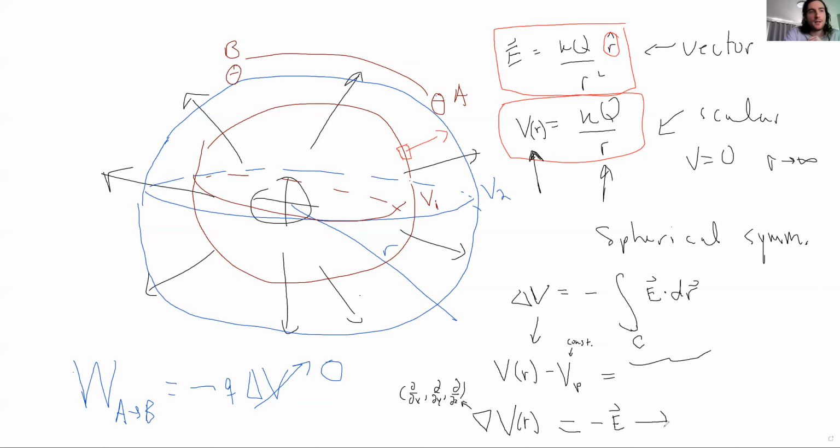Because this gradient operator will undo this path integral, we can rearrange this so that it's minus the gradient of that potential. Minus the gradient is equal to the electric field.